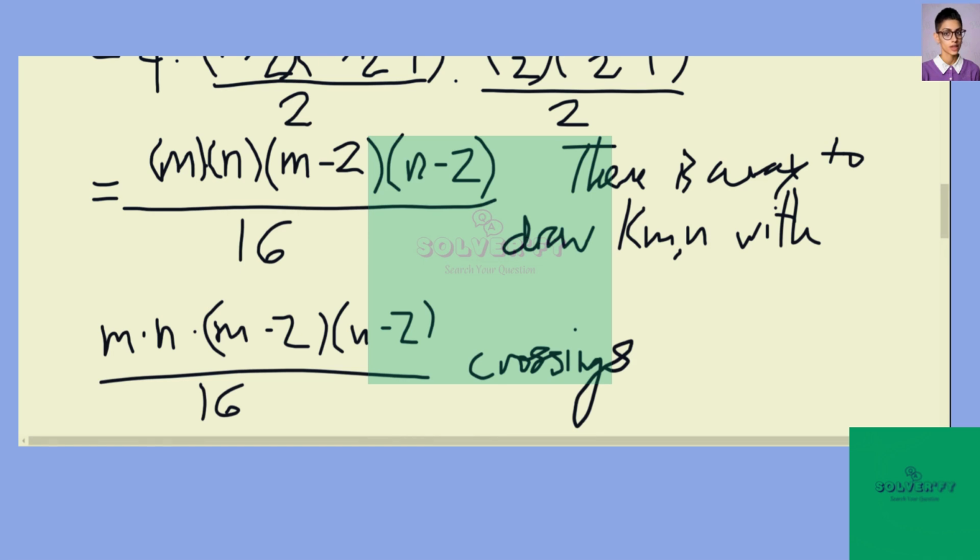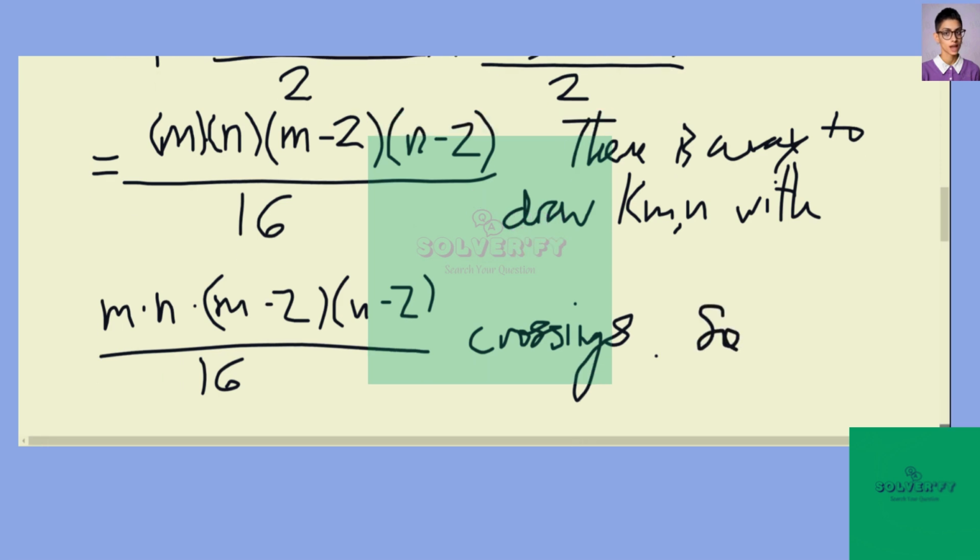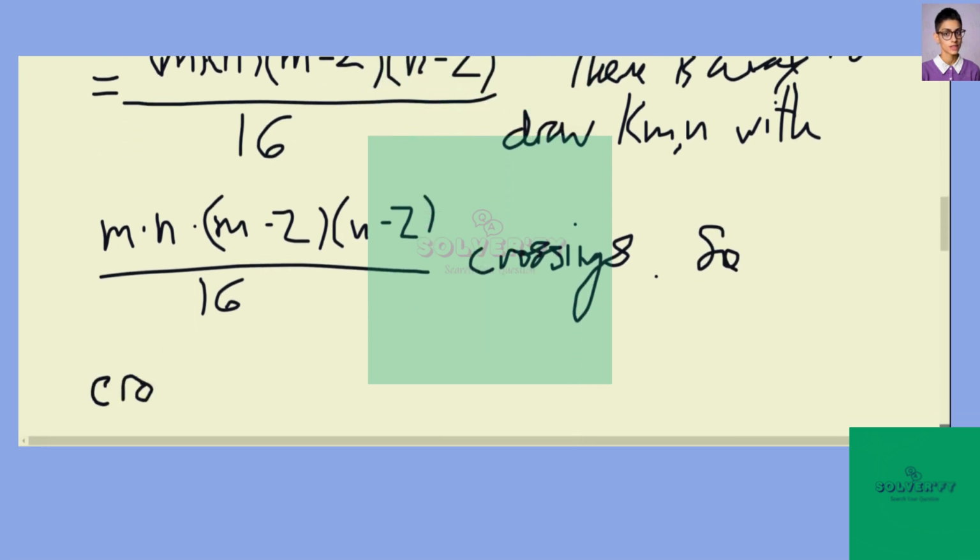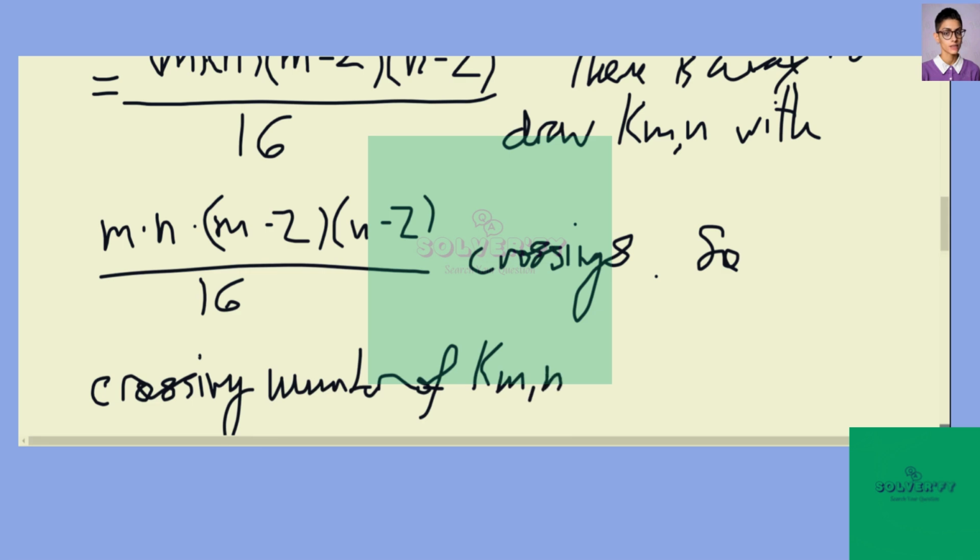So the crossing number of K_{m,n} is going to be less than or equal to m times n times (m minus 2) times (n minus 2) over 16.